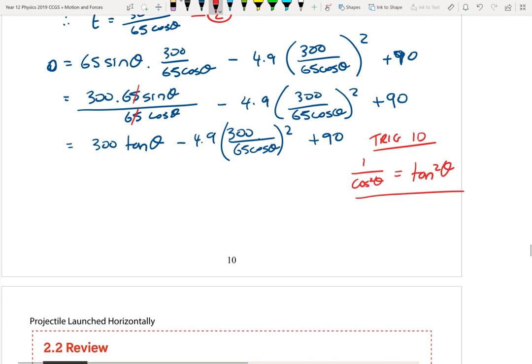Yes? So I'm not solving this because science. Oh, plus 1. Sorry, plus 1. My bad. Thank you. All right. So we're going to get 0 equals 300 tan theta. Now, minus 4.9, I need to do all of the squaring stuff.